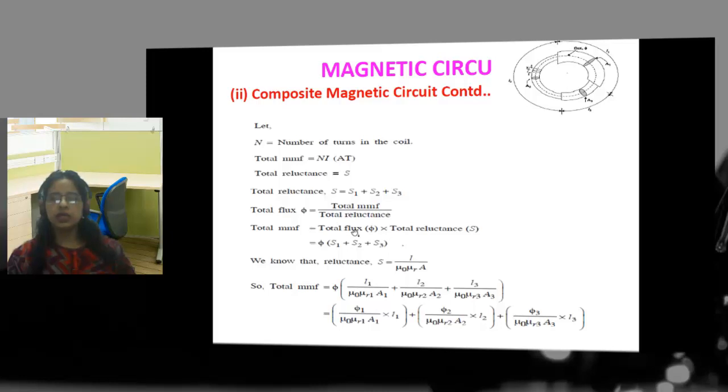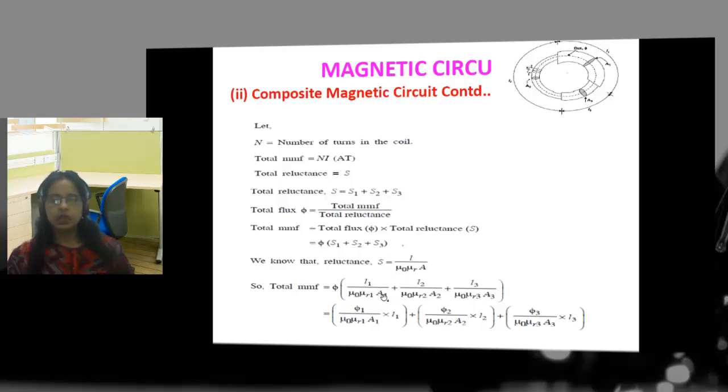So total flux is phi and reluctance is the sum of these. So we get phi is equal to mmf divided by S1 plus S2 plus S3. Now reluctance is what? L by mu naught mu r A, where A is the cross sectional area, right? Here three cross sectional areas are there, so it will come three times, and the length is also different.